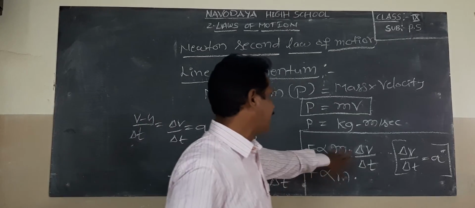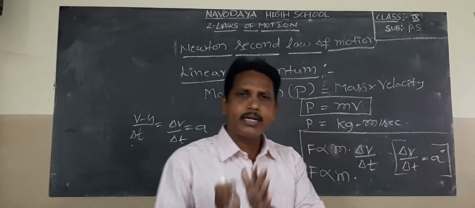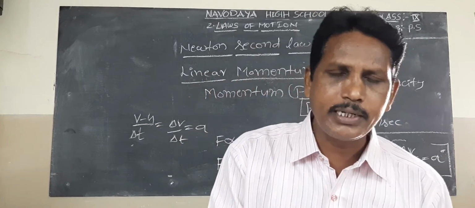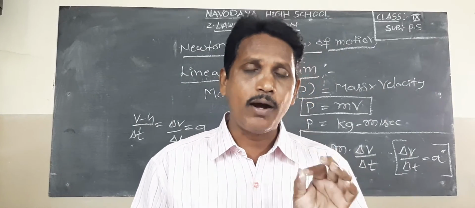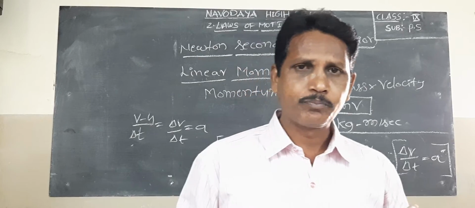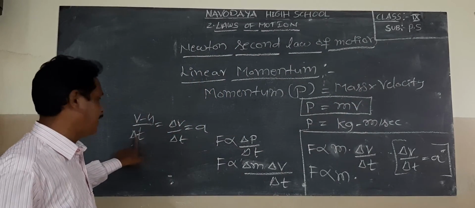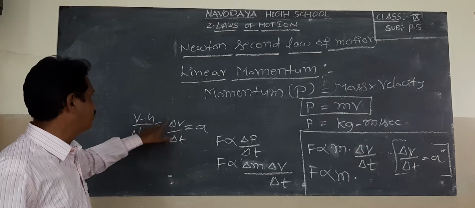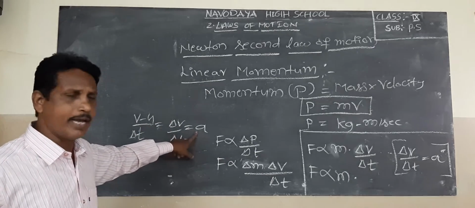Here delta V by delta T is replaced by A. The rate of change of velocity is called acceleration, denoted by small letter A.